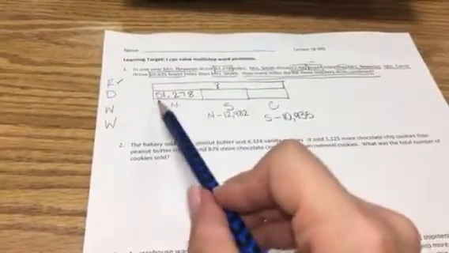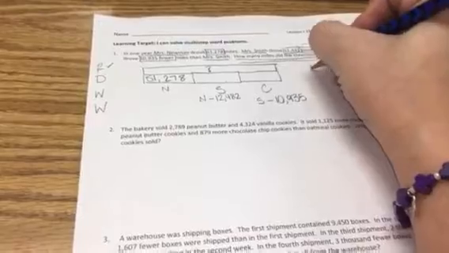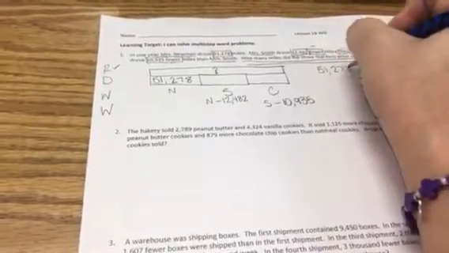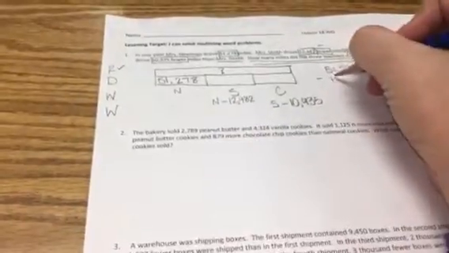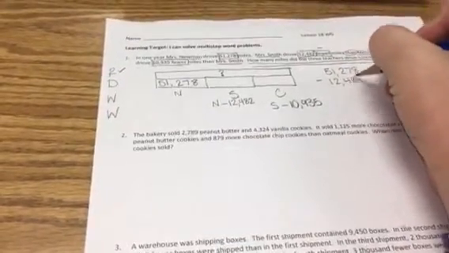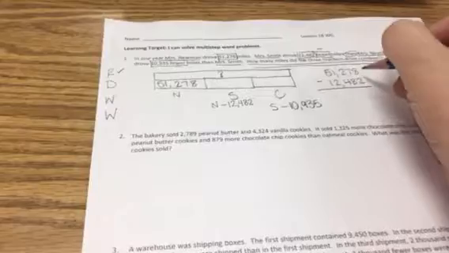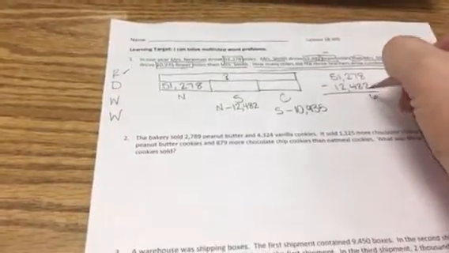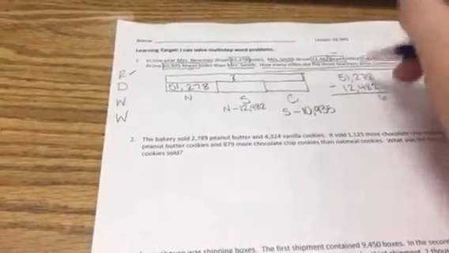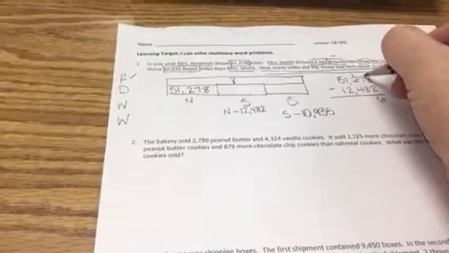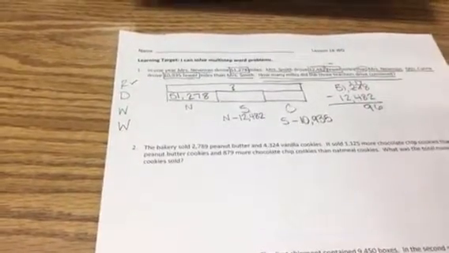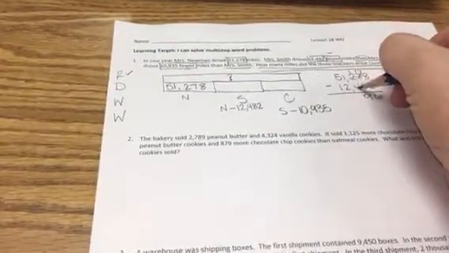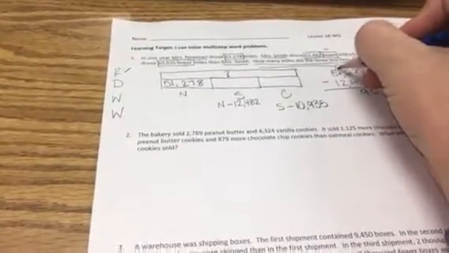Alright, so now I'm going to write out my number sentences. Well, Miss Newman had 51,278 minus, remember we have to take away those 12,482. 8 minus 2 is 6. We cannot take 8 from 7. This becomes a 1. That becomes 17. 17 minus 8 is 9. We cannot take 4 from 1. This becomes a 0.